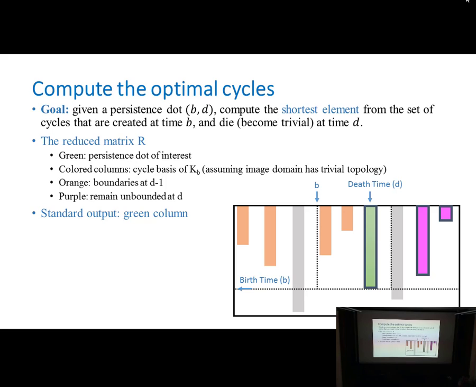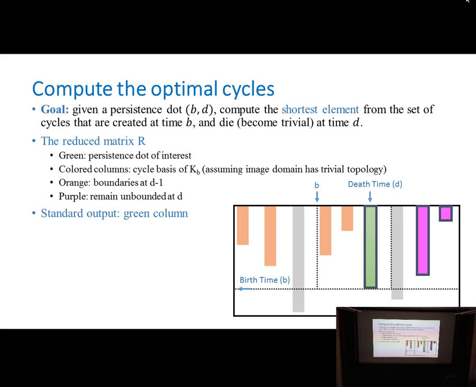So their lowest entry is above the birth time B. And these columns will give us a cycle basis, a basis of all the cycles of the complex at time B. And there's an assumption. We assume the image domain itself has trivial topology. It doesn't have any essential homology. Otherwise, we would have to attach a few extra columns after it.